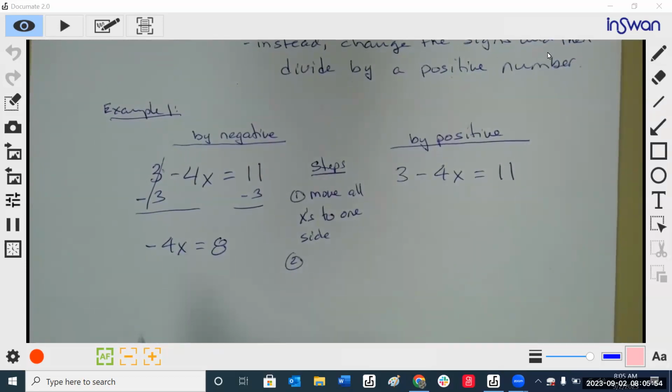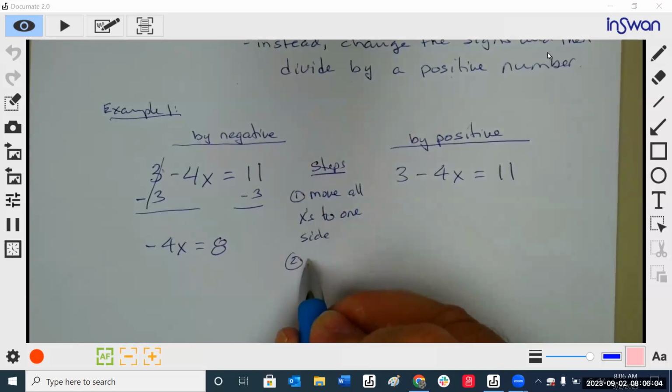So to get X by itself, we have to get rid of... No, we're trying to get X by itself. So we have to move everything else. Get X alone.